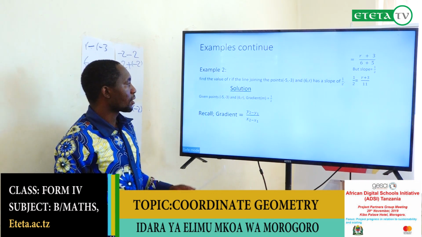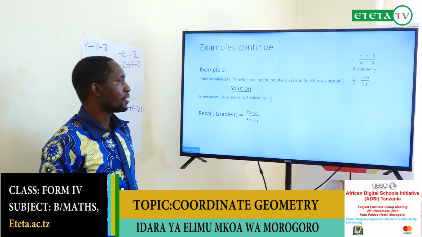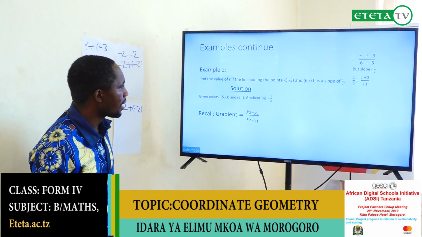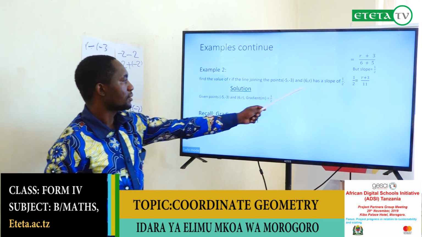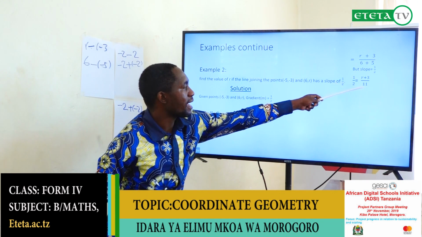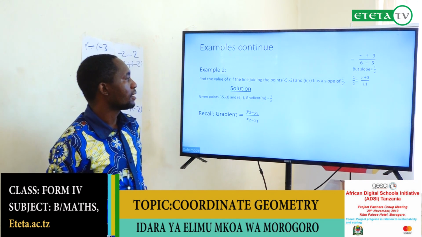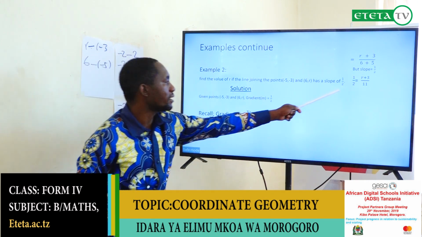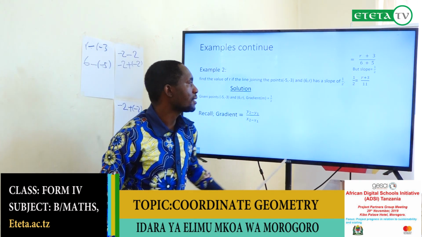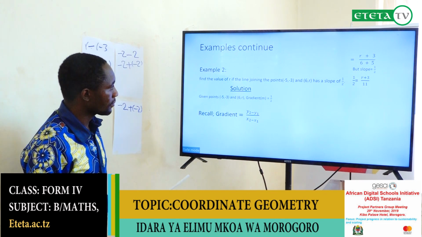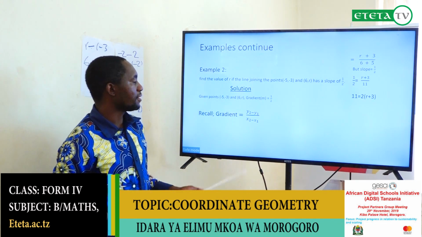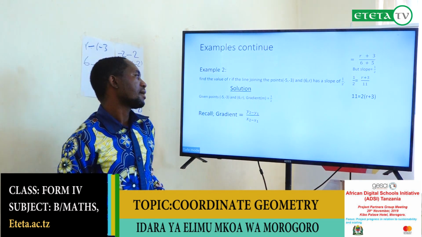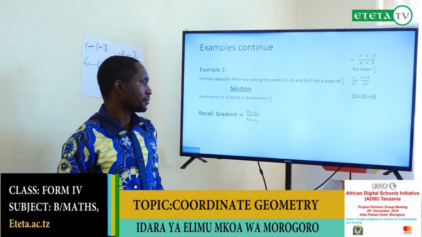Now, upon cross multiplication, you find that 1 multiplied by 11 equals 2 multiplied by r plus 3. Now we find 11 equals 2 times r plus 3.